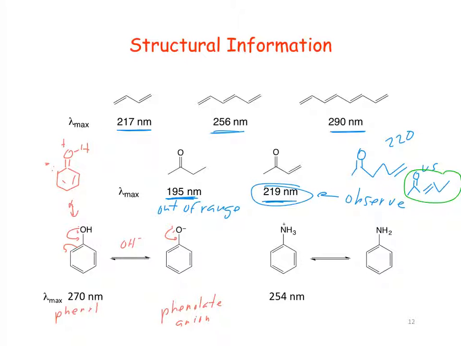So the lambda max for this phenolate anion is at 287 nanometers.